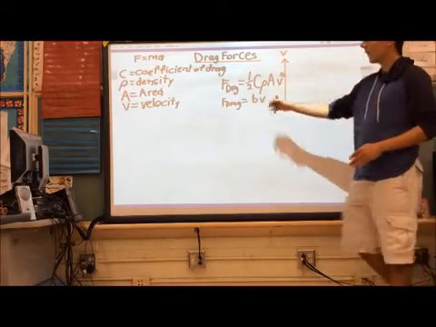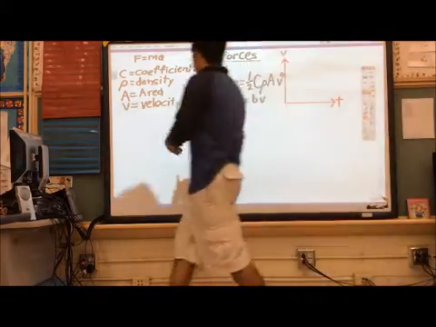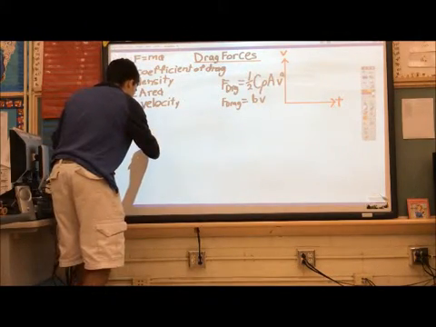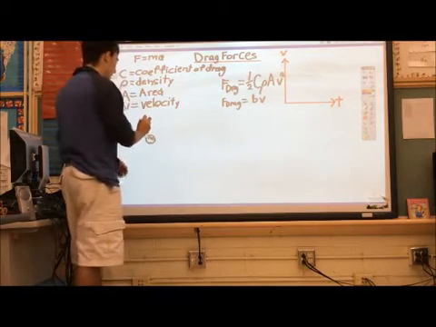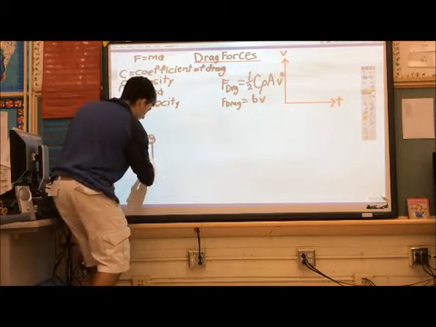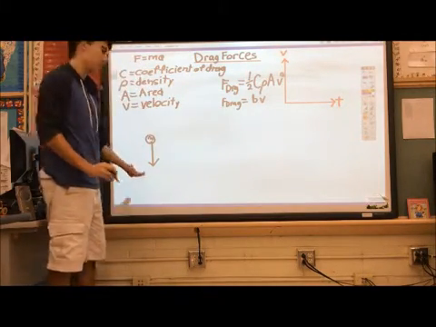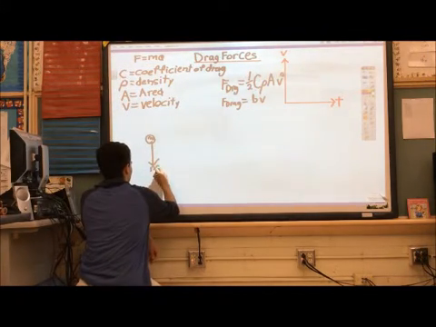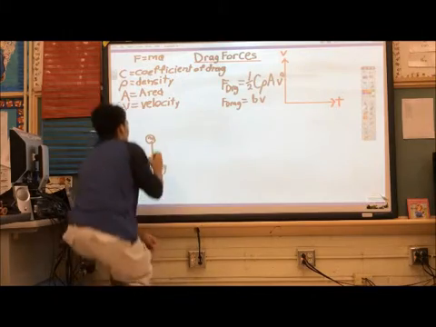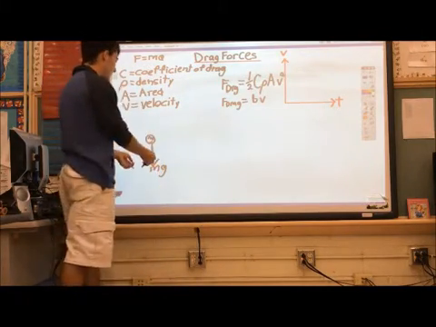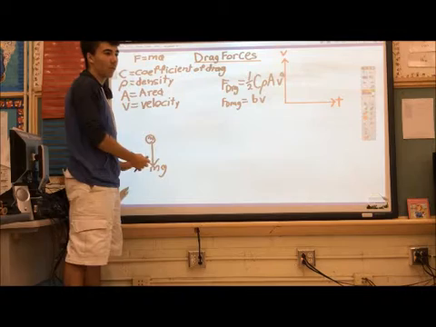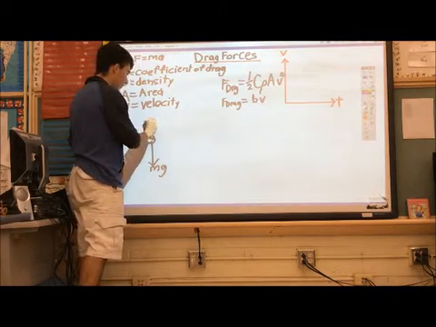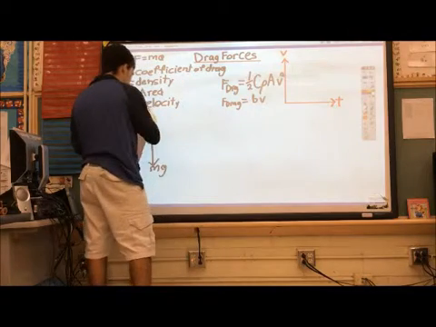So say you have an object falling. It has some mass, of course, and the first force on it is gravity, so the weight of the object is mg. And then the drag force, which, since the object is falling, will be in the opposite direction, up, which we'll say is equal to bv.